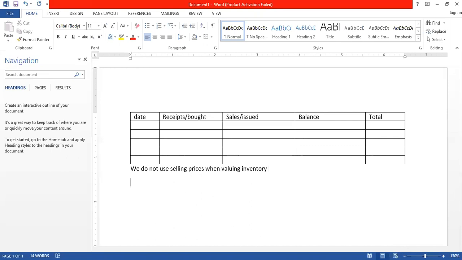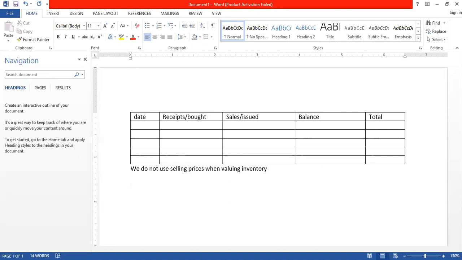For instance, if you bought stock yesterday and then you bought another stock today, you will first have to sell out the stock from yesterday because that's the one that came in first. Then once it's done, you move on to the stock that you bought today.